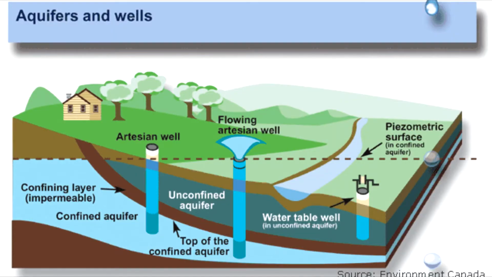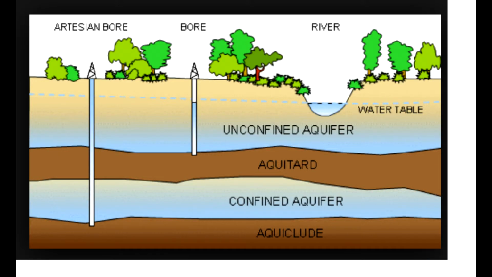So we'll start with aquifer. An aquifer is basically a rock that contains groundwater. And an aquiclude is an impermeable rock that can confine the groundwater. So what you'd have is an aquiclude at the bottom and an aquifer on top of it.